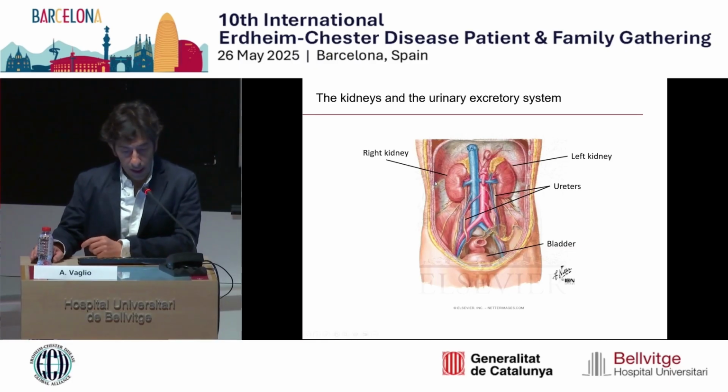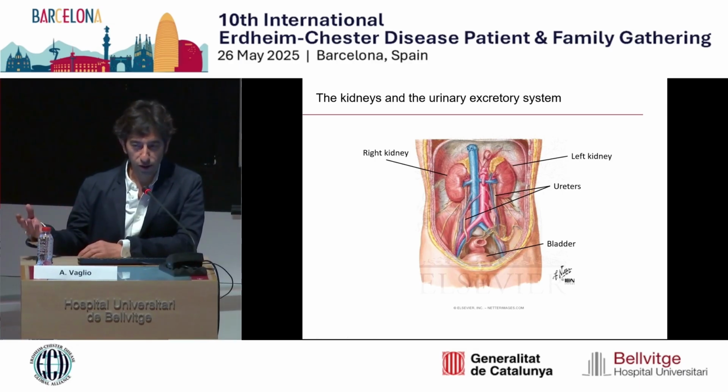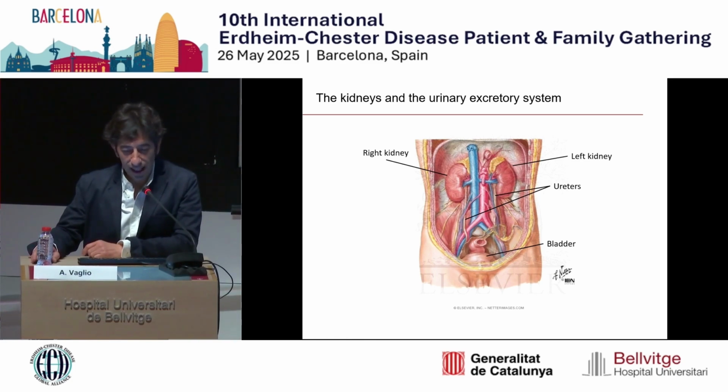So first of all, I would like to start with some anatomy, so how the normal kidneys are, where they are. They're here, as you can see. This is a picture from a textbook that almost all medical students around the world use. So you can see the two kidneys which receive the blood from the aorta through the renal arteries.